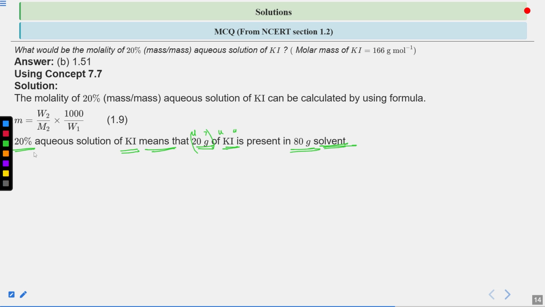Whatever percentage mass by mass is given, that will be the weight of that compound in grams, and 100 minus that weight will be the weight of the solvent. So 20 plus 80 grams is 100 grams of solution, in which 20 grams of potassium iodide is present in 80 grams of our solvent.